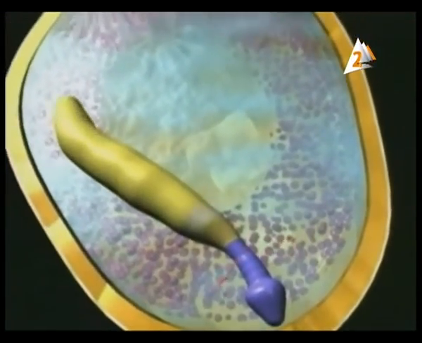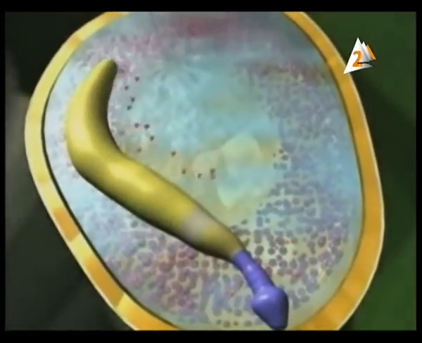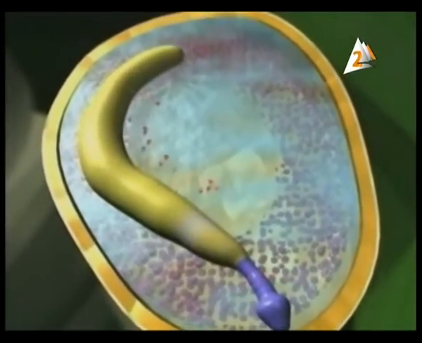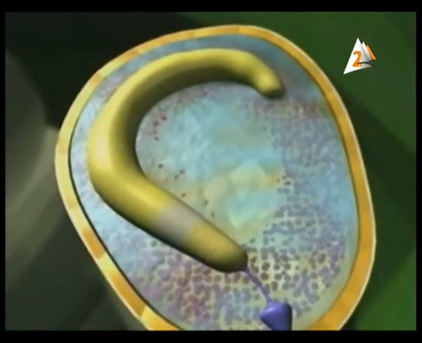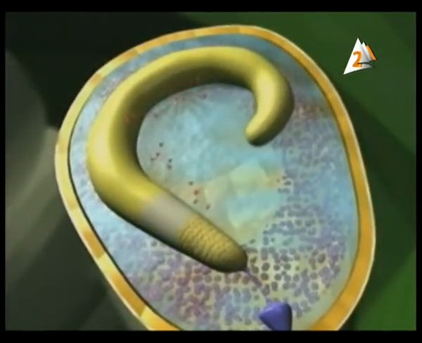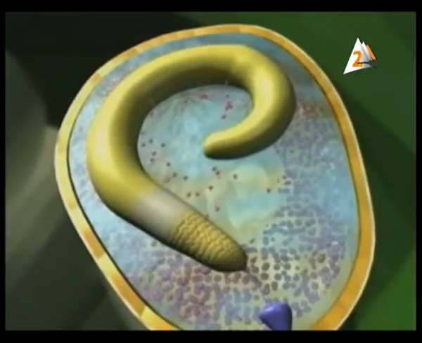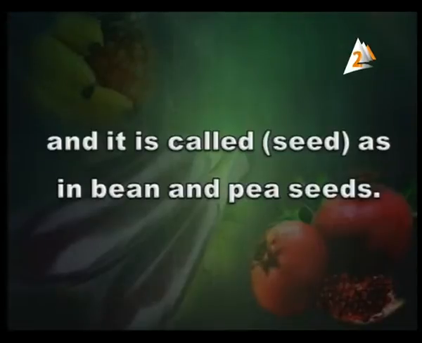The integuments harden a little bit and cover the seed from the outside, so it protects it from environmental conditions. Examples of these exendospermic seeds are the bean and the pea seeds.